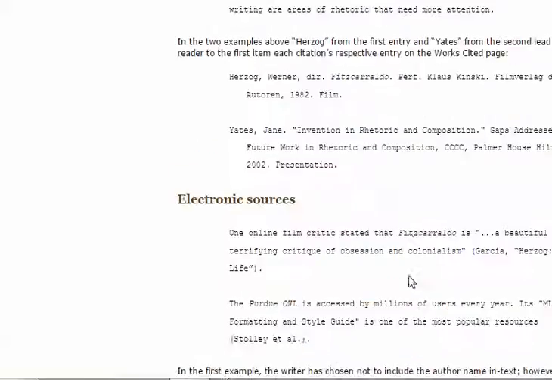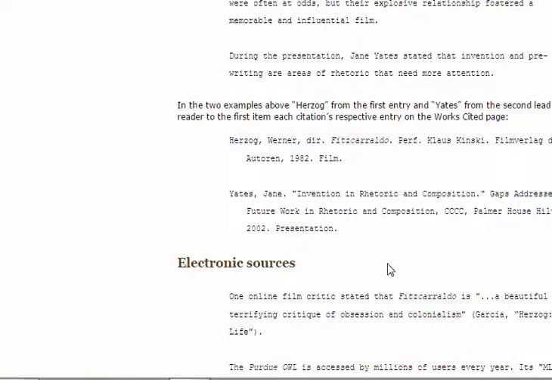Okay, so the idea is that the block quote does not have quotation marks around it, and the parenthetical is outside of the period.